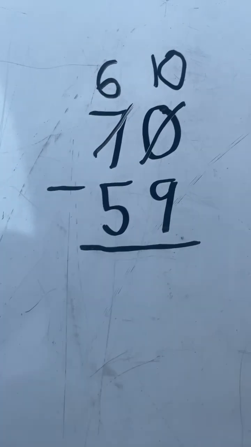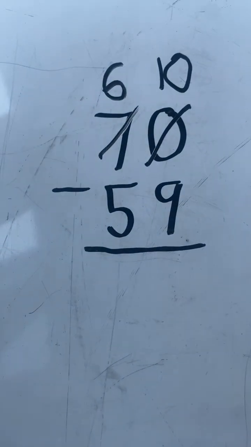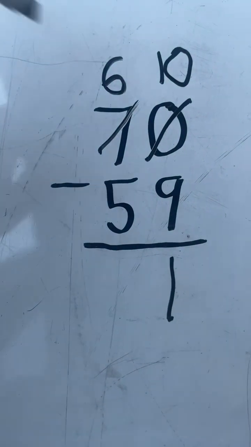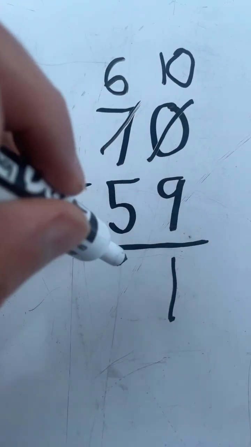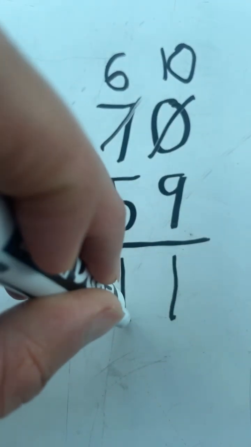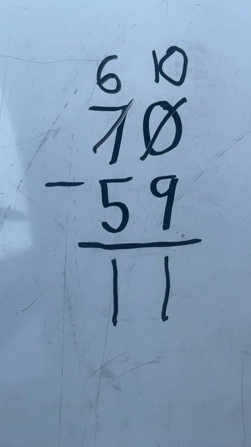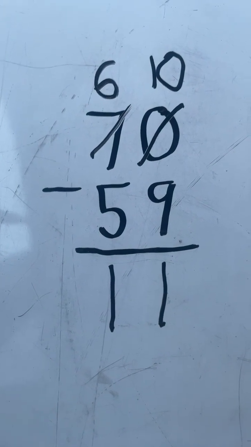Now from there, we can subtract. 10 minus 9 equals 1. 6 minus 5 also equals 1. And our answer is 11. 70 minus 59 equals 11.